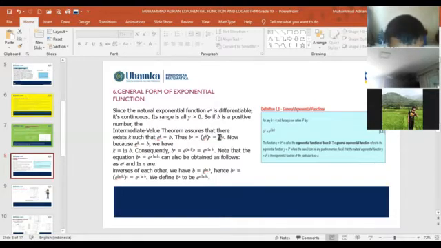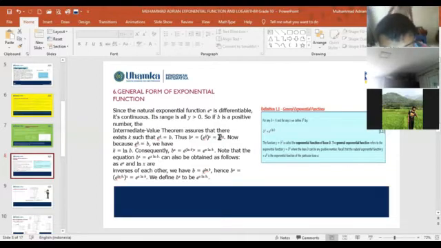Note that the equation b power x equals e power (x logarithm b) can also be obtained as follows: e power x and the logarithm are inverses of each other, so we have b equals e power logarithm b.